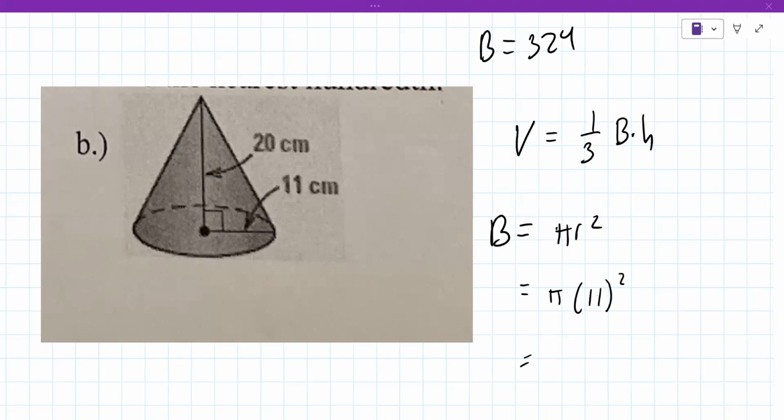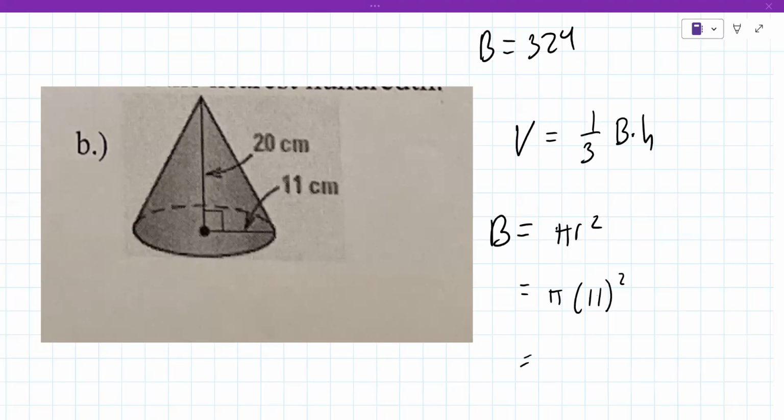Nope. I'm asking for just the area of the base. Pi times 11 squared. 1,193.0116.